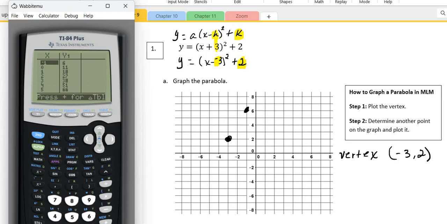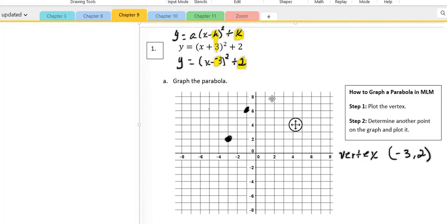If you're in MyMathLab and have that second point plotted, then usually MyMathLab will go ahead and give you a corresponding point over here using symmetry, and then go ahead and sketch in the parabola for you. So once you click save, the parabola will be there.